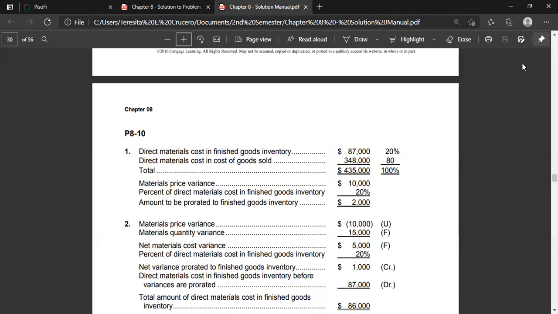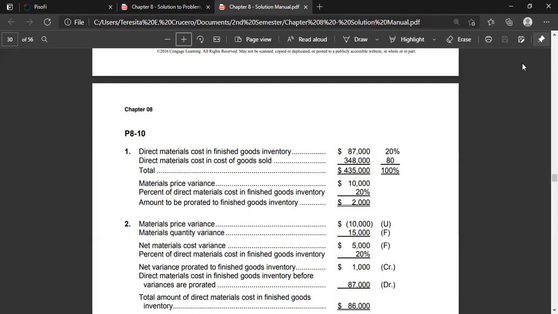Hint, you must first determine the percentage of direct materials cost in the ending finished goods inventory to total direct materials cost. Now, we have to determine direct material cost in finished goods inventory given at 87,000. That's in finished goods inventory and it's equivalent to 20%.